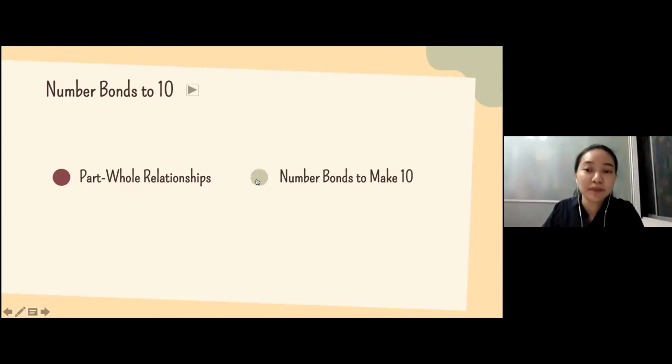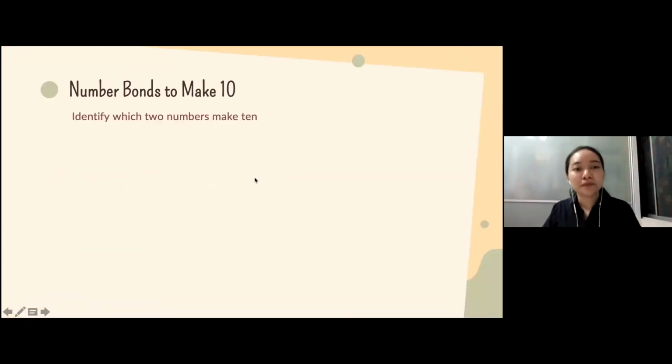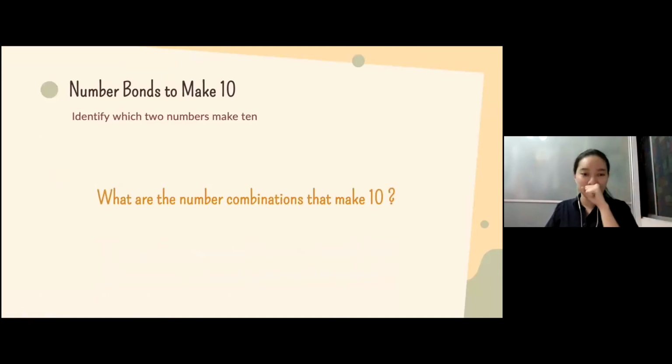And then we have number bonds to make 10. So identify which two numbers can make 10. Can you type in the chat box what are the number combinations that can make 10? What number plus what number can make 10? There are quite some combinations. Can you name some for me? 5 plus 5.